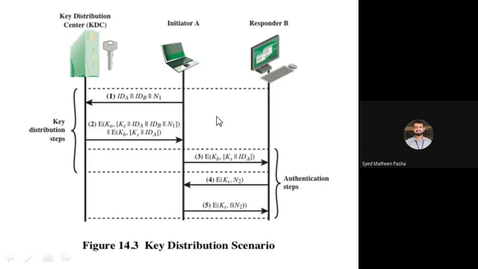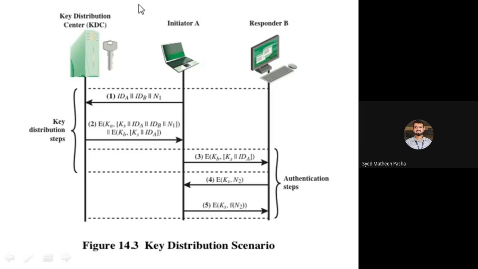The key distribution center is not communicating with both users, initiator A as well as responder B, at a time, but individually. That is one part you should remember here. What this dotted line tells you is that there is no direct communication between the KDC and the two users, but there is an indirect communication happening.